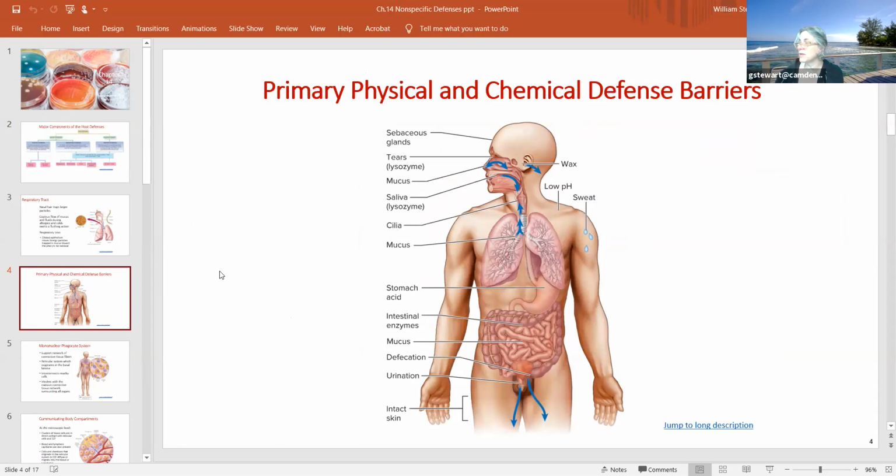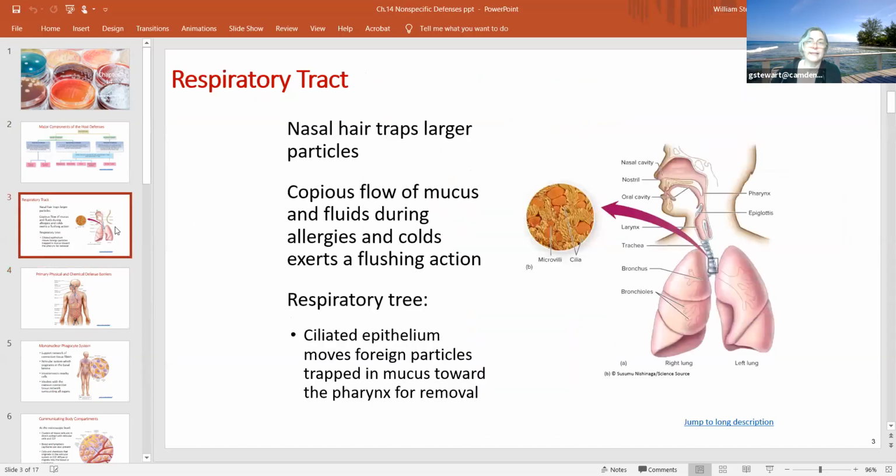And on your note outline, I made a list of some highlights of the physical barriers. I would remind you that places where there are physical or mechanical barriers, usually there are also chemical barriers to go with those mechanical barriers. So for example, look at the ciliary escalator in your respiratory tract, pretty much concentrated down here right before the split in the bronchi.